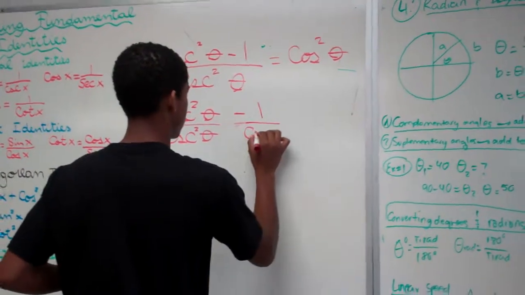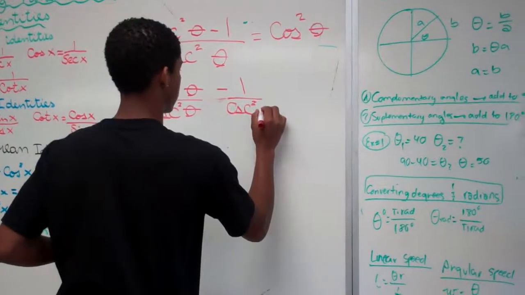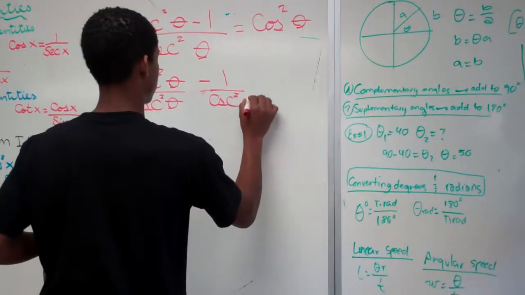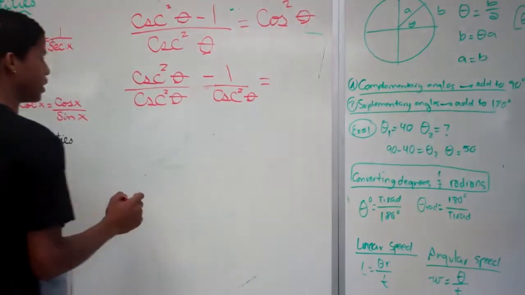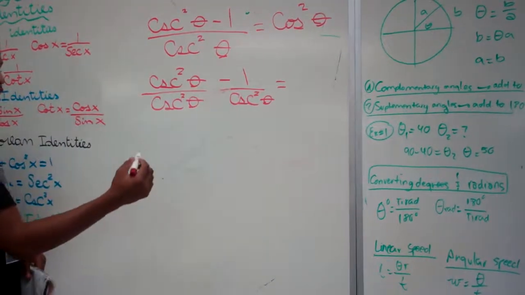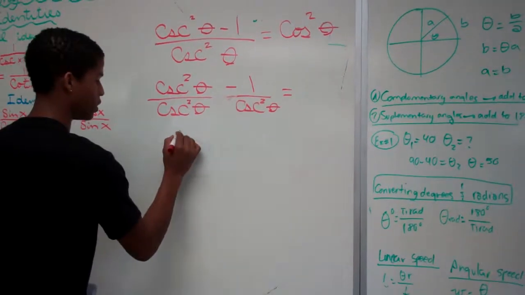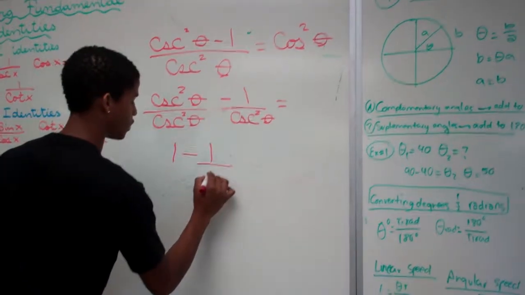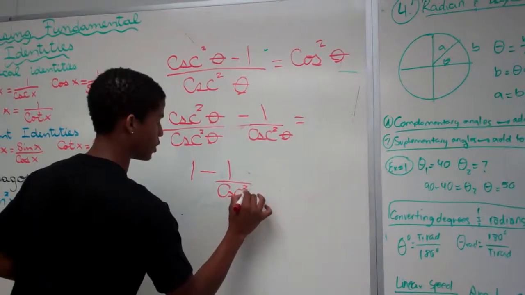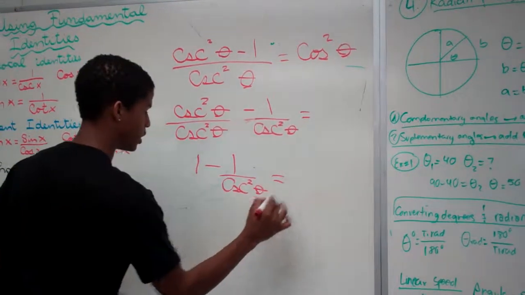I'm just writing it on two different sides. And as we can see, this cancels out to 1. It's going to be 1 minus 1 over cosecant squared of theta.